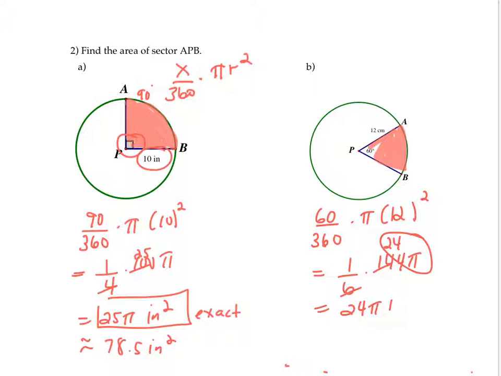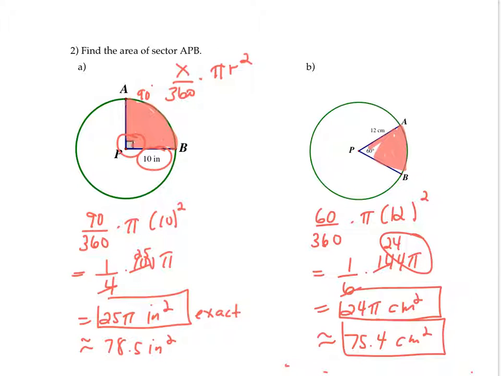I almost wrote inches squared, but it's actually in centimeters squared because our radius was in centimeters. If you multiply it out, you get approximately 75.4 square centimeters. Final answer. Okay, that's it. Good luck on the homework.